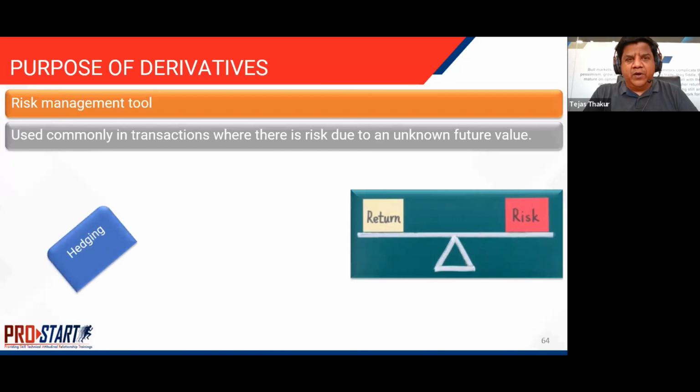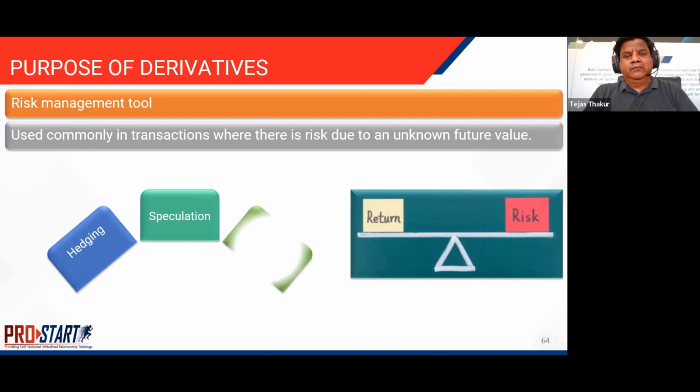Three broad purposes of derivatives: hedging, which I already told you. Then it is speculation, which we discussed when we discussed the futures example with the spot prices and the futures prices. It can also be used for arbitrage purposes.